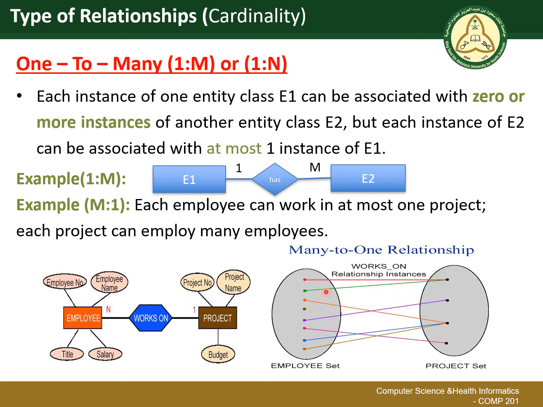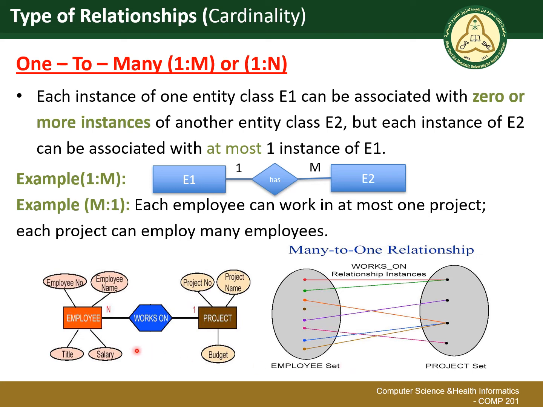So the relationship from the employee to the project is at most, it means 1. So each employee should be connected with one project or less, and each project will be connected with multiple employees, because it's many employees.